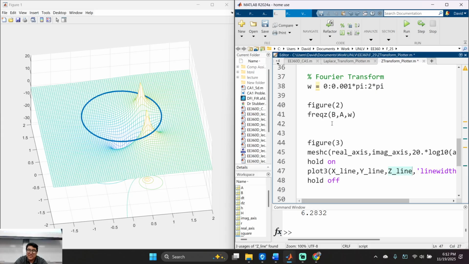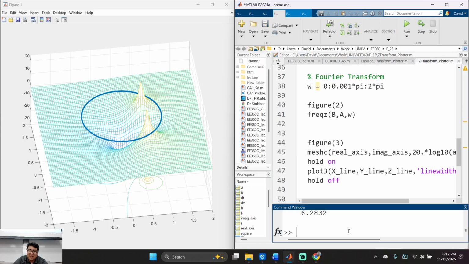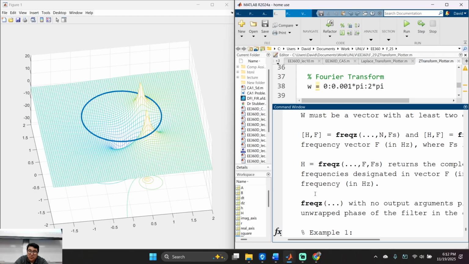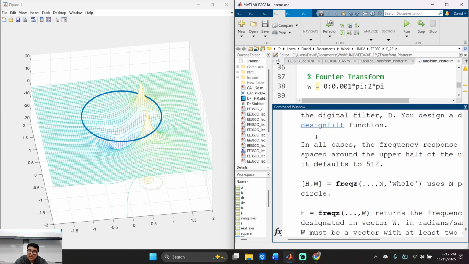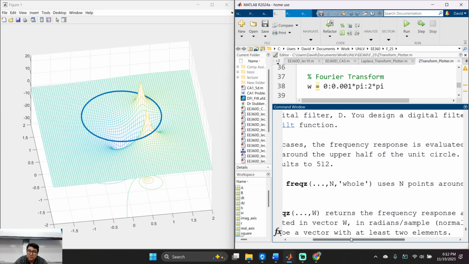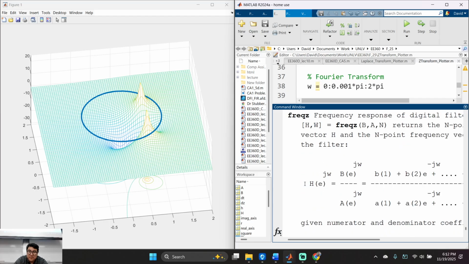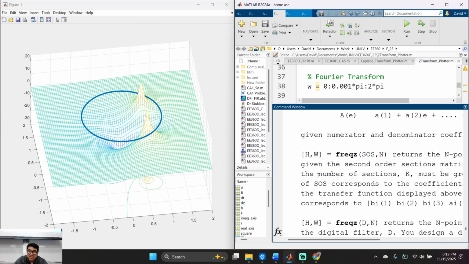There's a better way to do this. Help freqz. Show you this. God, I hate this mouse. There you go. I want to store this number, okay? There we go. Because we want to use this number. So here's H and here's omega, okay?